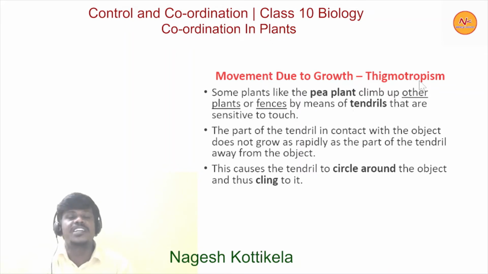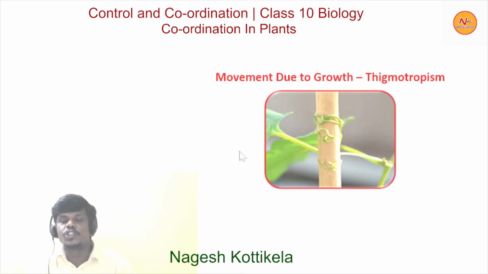One such example is Chemotropism. Here chemo means touch. Tropism is a directional movement. Some plants like the pea plant climb up other plants or fences by means of tendrils that are sensitive to touch. You can see in this picture, these are the tendrils.